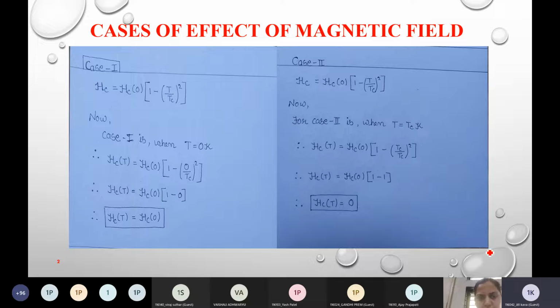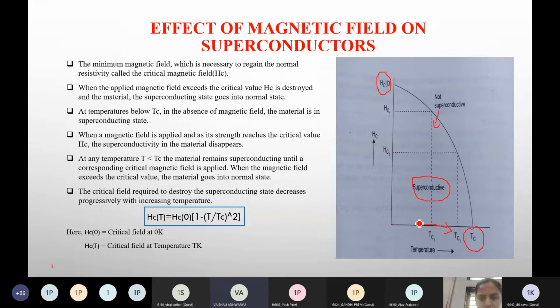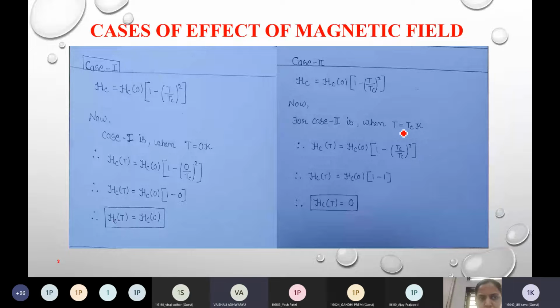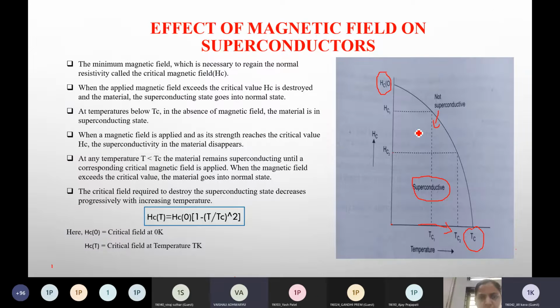Yes, Jill. Ma'am, is it okay? Done. And in case 2, when we are raising the temperature, we are getting Hc as 0.